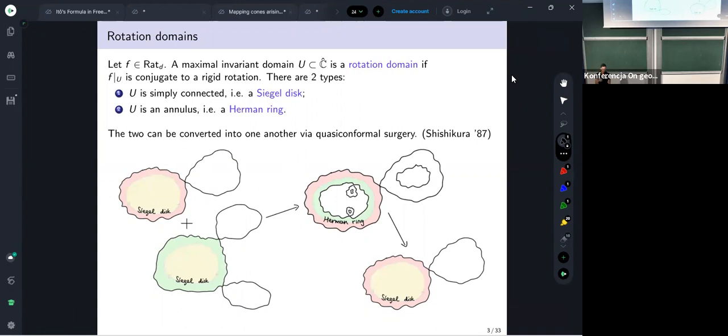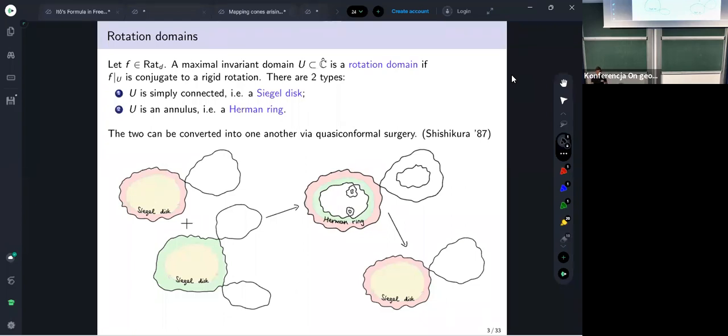The two are very much connected to each other in the sense that we have this operation by Shishikura. It's a quasi-conformal surgery operation that converts one to the other. If you have a pair of Siegel disks of complementary rotation numbers, theta and 1 minus theta, then you can cut along some invariant curve on each Siegel disk, remove the inside for each of them, and then glue along this invariant curve.